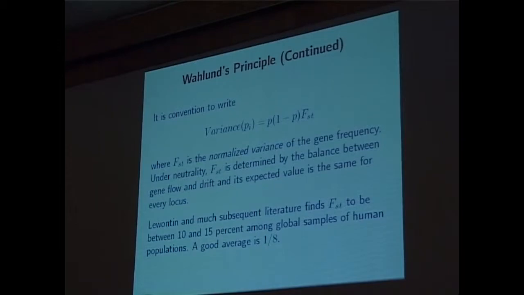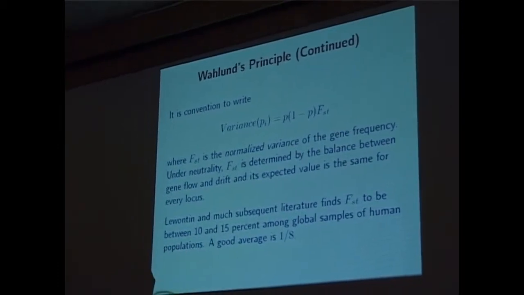But the variance among populations, just the simple variance of gene frequencies, if we divide by the mean gene frequency times its complement, that figure is called FST for historical reasons, but the textbooks are full of it.